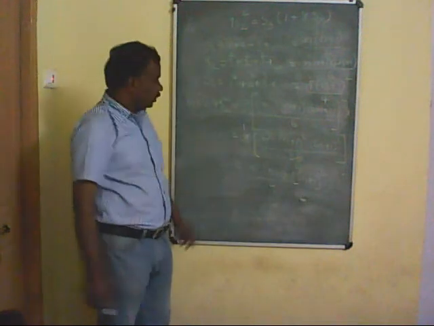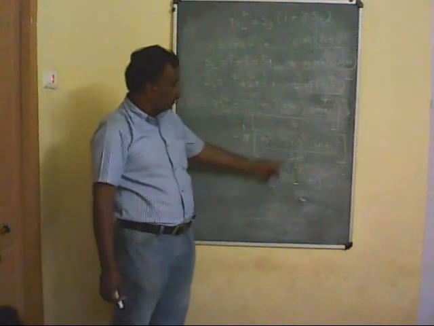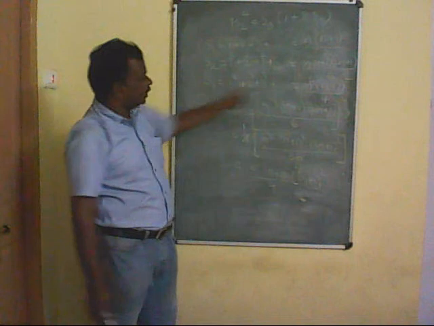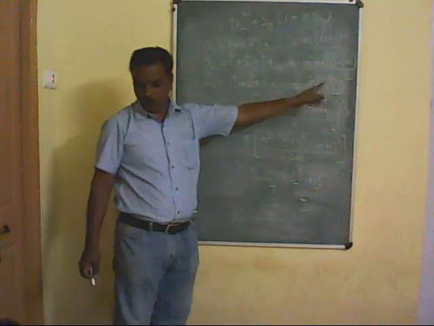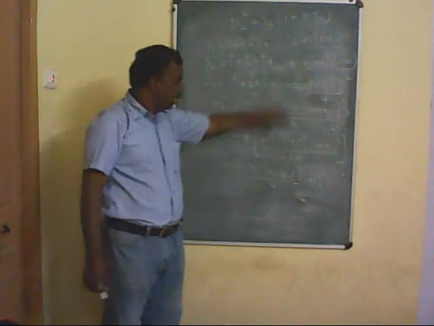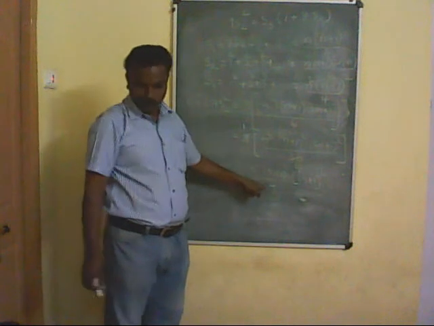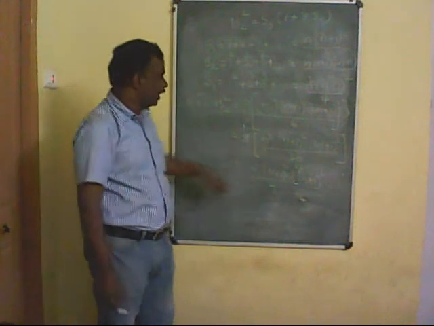Right? So what is this n square into n plus 1 whole square by 4? We wrote that as s3. So s3 is n square into n plus 1 whole square by 4. Hence, in place of n square into n plus 1 whole square by 4, we can substitute s3, right?